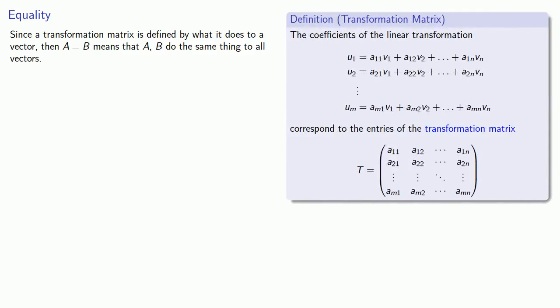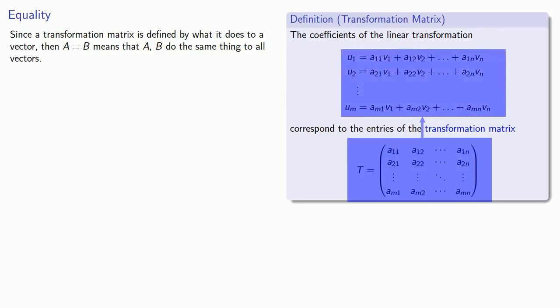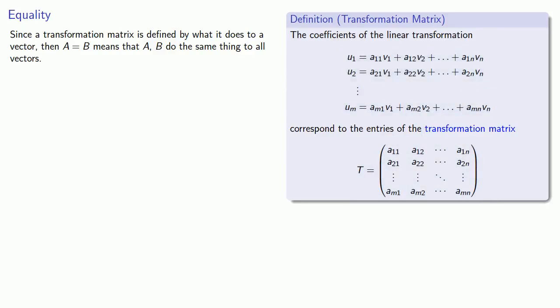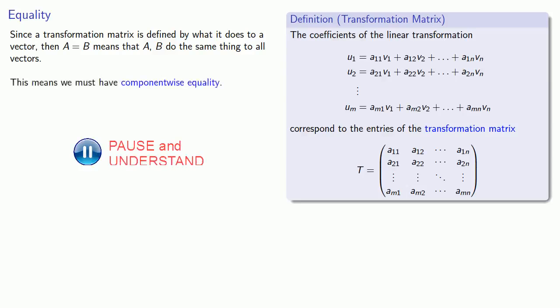So let's start with equality. Since a transformation matrix is defined by what it does to a vector, then A equals B means that A and B have to do the same thing to all vectors. Well, if we consider the transformation matrix and what it actually does, this means that the only way we can have A equal to B is that all of the individual components of A must be the same as the individual components of B. In other words, we have to have component-wise equality.